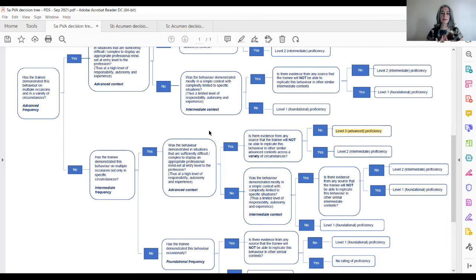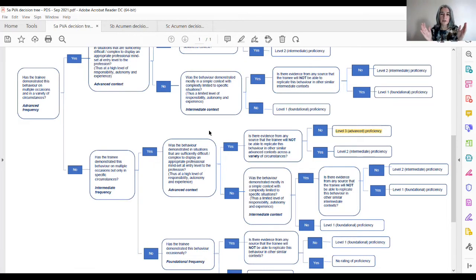So the trainee still had to demonstrate a high level of responsibility, autonomy, and experience in responding in this way to the scenario that was presented. And then the question, because it was a more narrow set of circumstances that was presented, is there evidence from any source that the trainee will not be able to replicate this behavior in other similarly advanced contexts across a variety of circumstances?